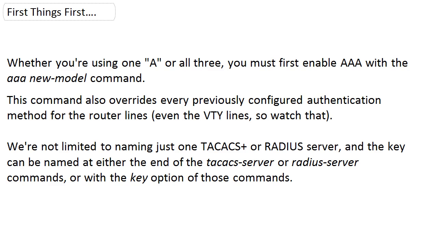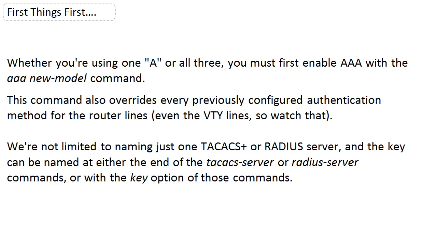It's not going to say you forgot to enable AAA with the aaa new-model command. It's just going to say, hey, I don't know what you're talking about. But as soon as you do enter the new-model command, then your commands will be accepted. So everybody trips over that sooner or later in the lab environment. I've done it myself, but you definitely don't want to trip over it on exam day. You've got to have that command in there.